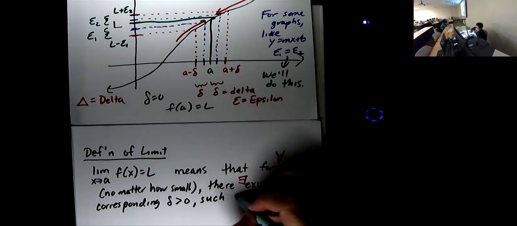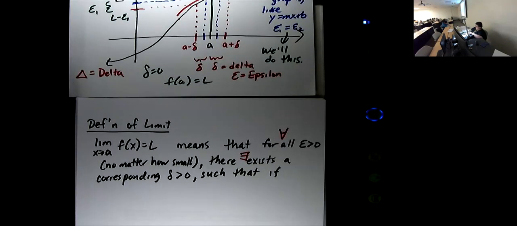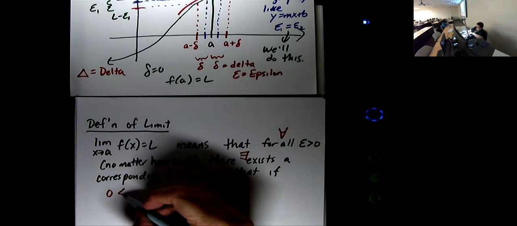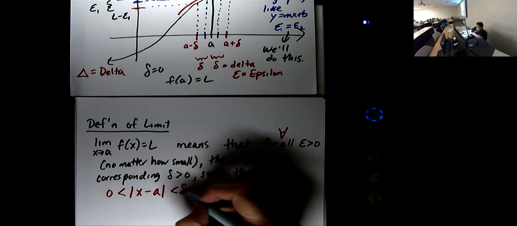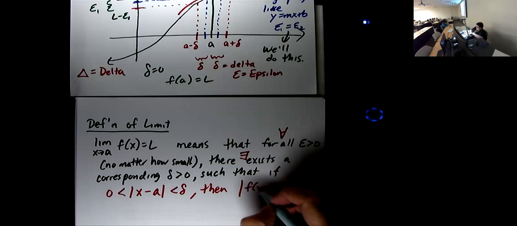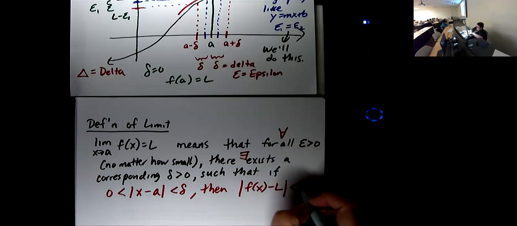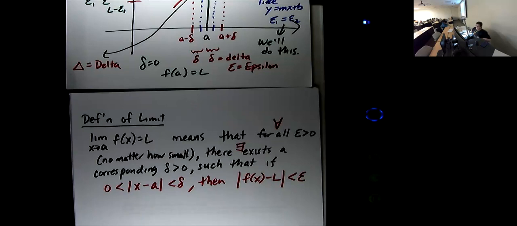Such that if 0 is less than the absolute value of x minus a is less than delta, then the absolute value of f of x minus L is less than epsilon. I'll give you a second to write that down, and then we'll go back and look at the picture and see how this applies. And then I'll show you how to do this.